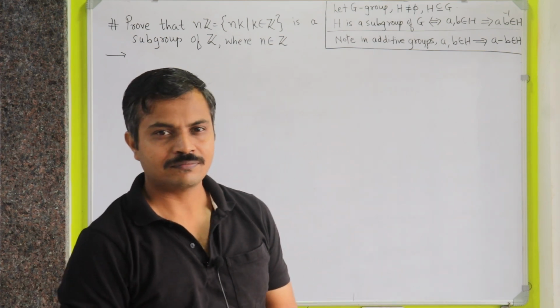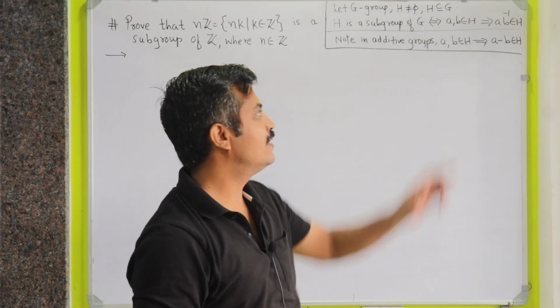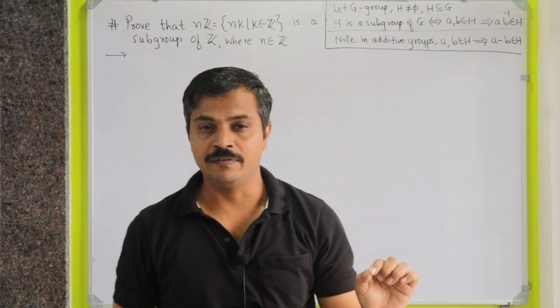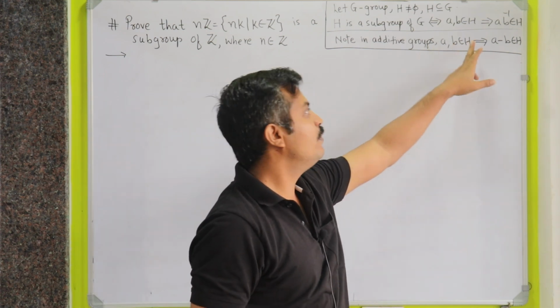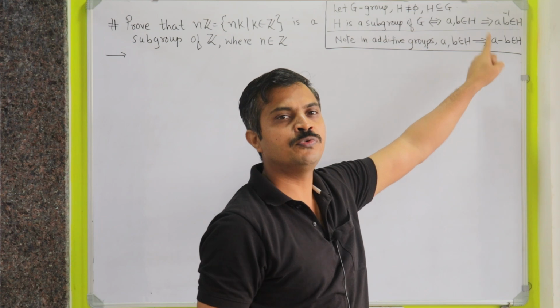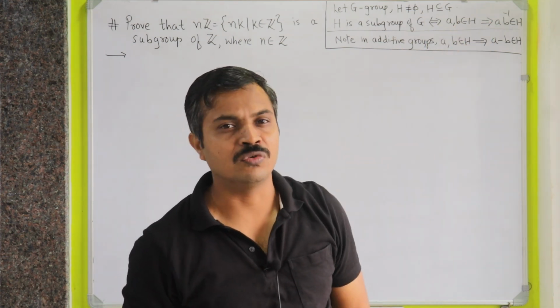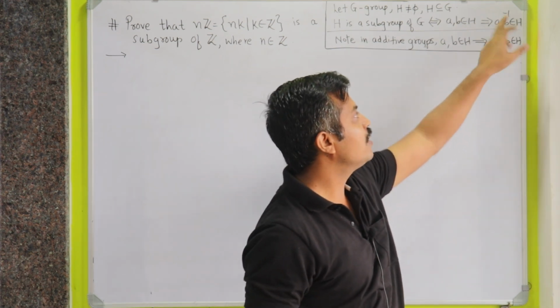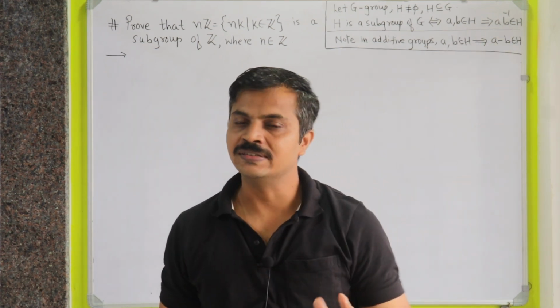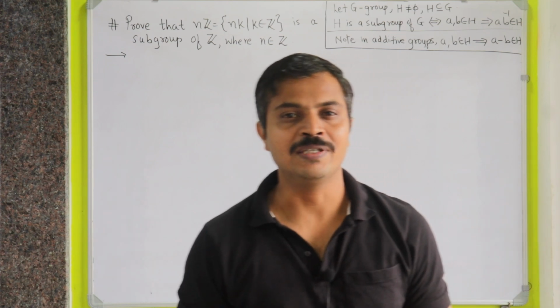But remember, in additive groups this condition is slightly different. Take two elements a, b of H and we should prove that a minus b belongs to H in case of additive groups. Why? Because in additive groups b inverse is nothing but minus b.